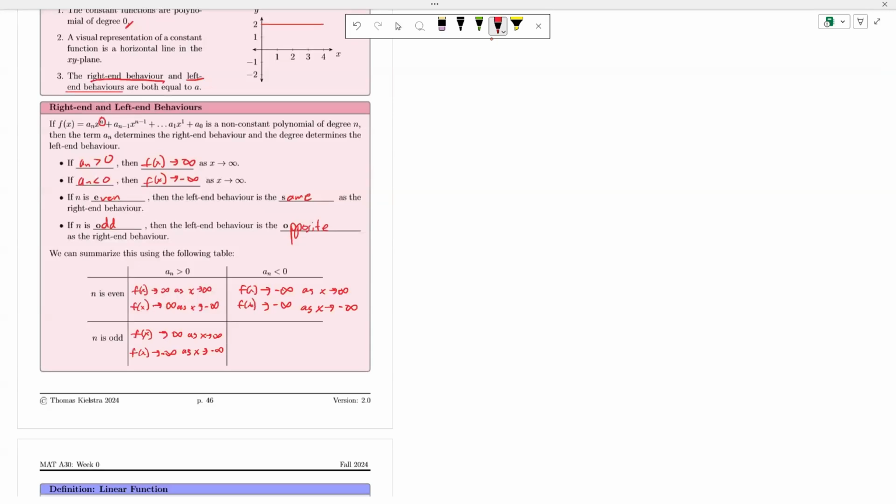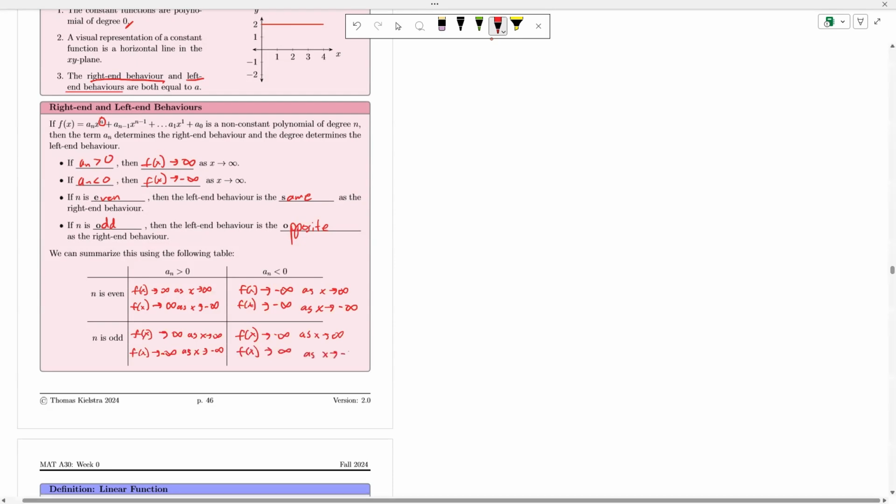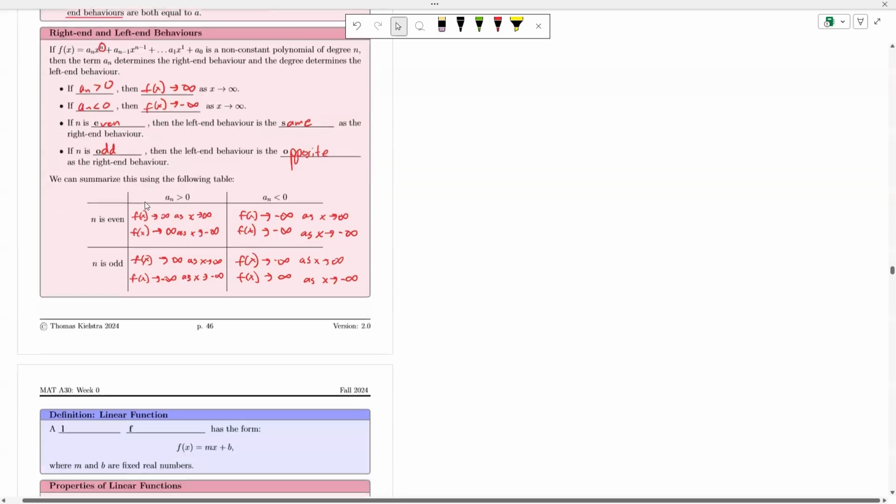The sign changes, or the behavior is the opposite. If a_n is negative, f of x would approach minus infinity as x approaches infinity, and because n is odd, f of x approaches infinity as x approaches minus infinity. Okay, so this is our general left and right hand behavior for polynomials of any degree.